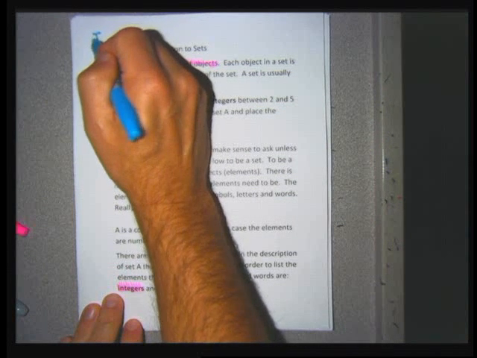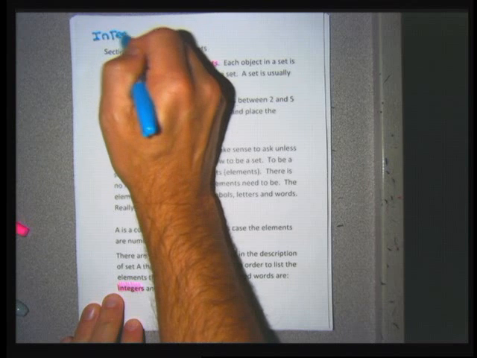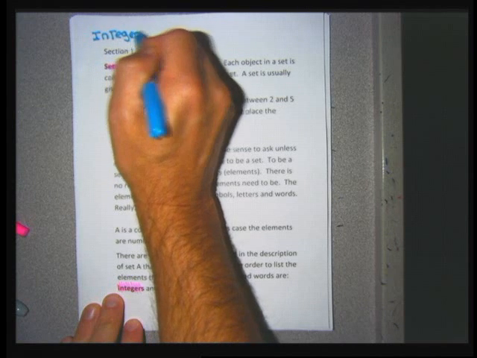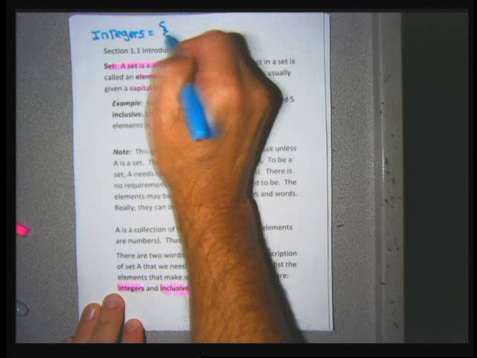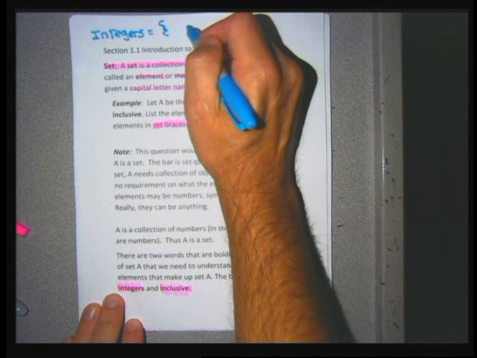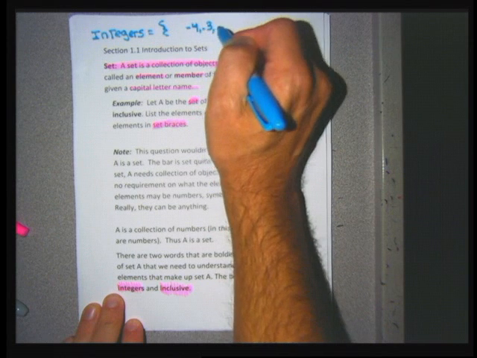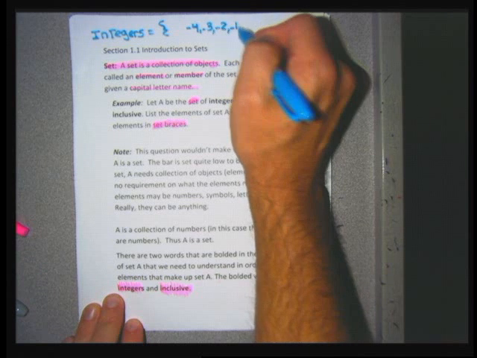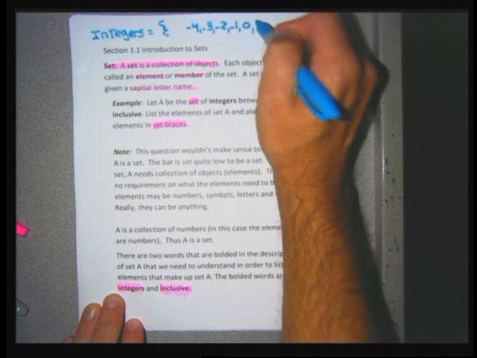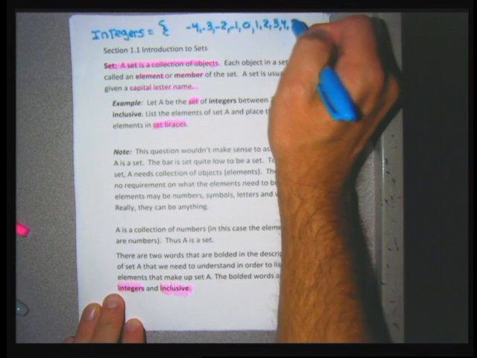So the first word that I had bolded was integers, and integers are essentially positive and negative numbers that don't have fractions and decimals. So like -4, -3, -2, -1, 0, 1, 2, 3, 4, 5.